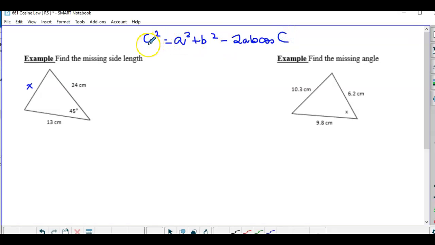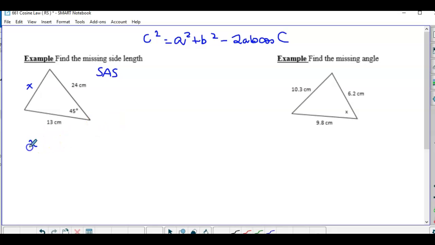The side that you're looking for is opposite the angle you're given, and the other two sides surround that angle. So anytime you have what we call side, angle, side, known angle, known side, then you can use the cosine law.